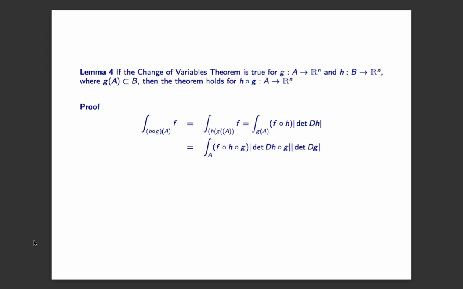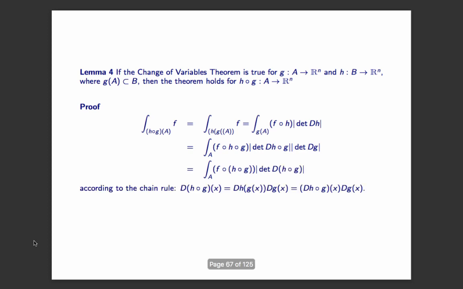Now, using the fact that the change of variables theorem is true for g, we get this equals the integral over A of f composed with h composed with g times the absolute value of the determinant of the derivative of h composed with g times the determinant of the derivative of g. Well, f composed with h composed with g is just f composed with the composition of h and g.